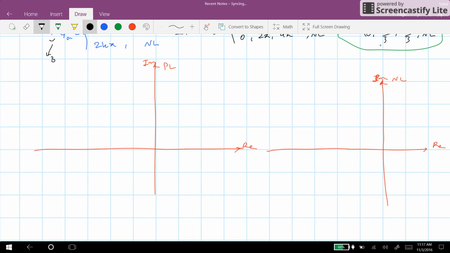We can start by determining the location of the poles. We have one pole at -1, one pole at -3, and one pole at -5. And the same thing for the negative locus.